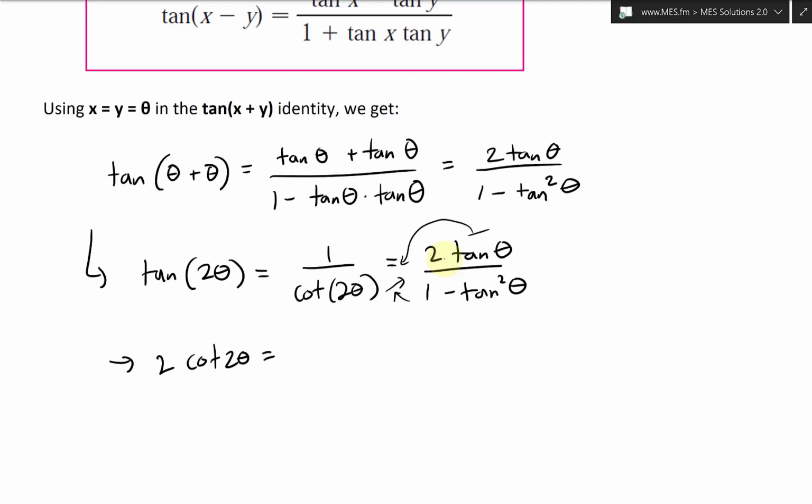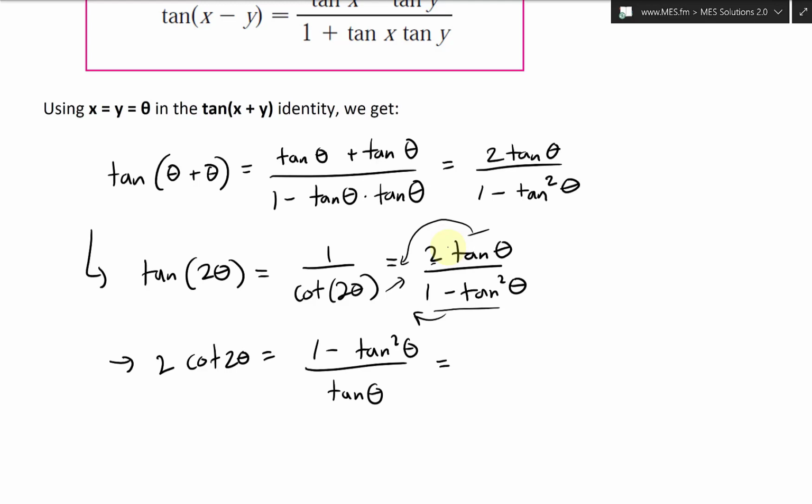This equals 2 times 1 minus tan squared theta, because this whole thing moved over to the other side, and then we're also dividing by tan theta. Basically just flip it upside down, but keep the 2 there.